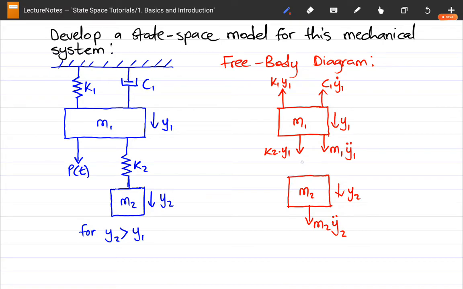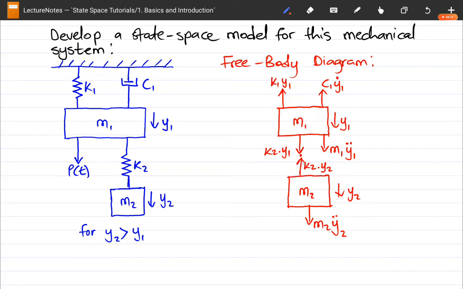Something is pulling at the weight, preventing it from reaching the ground, and that's the spring action. So that's going to be K2 y2, again Hooke's law. The forces meet here in such a way that they are not necessarily equal, but we know K2 is equal to K2, obviously.